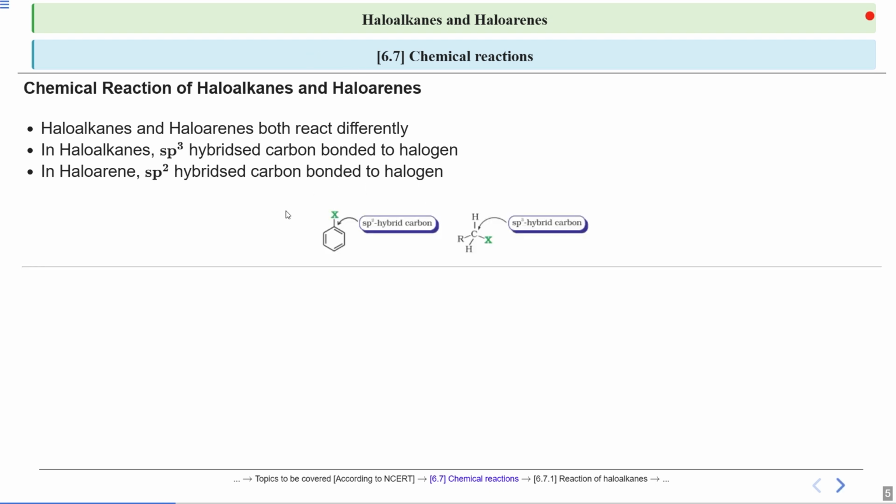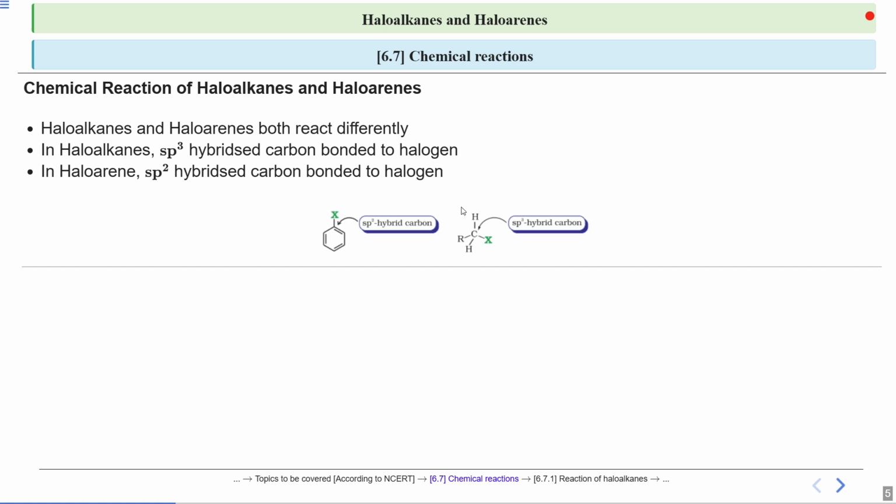If you see this diagram, this is the benzene ring, aromatic ring, and it is bonded to a halogen. Halogen here is bonded to this carbon of a benzene ring, and this carbon is involved in making a double bond. So this is an sp2 hybrid carbon.